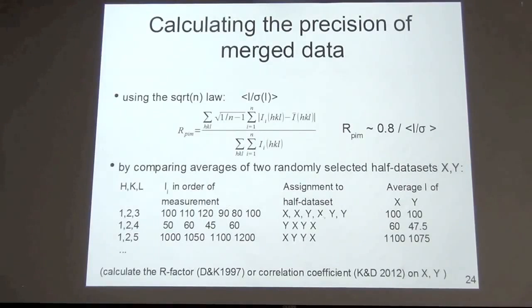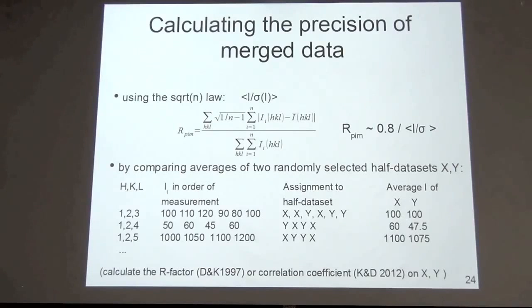So anyway, let's call these X and Y, and now we roll our dice. The dice has 6 sides, and they are either even or odd. So even dice means call it X, odd dice call it Y. So our dice gives us X, X, Y, X, Y, Y for these measurements. So now I can take my calculator and say, okay, 100 plus 110 plus 90 gives 300, the average is 100.